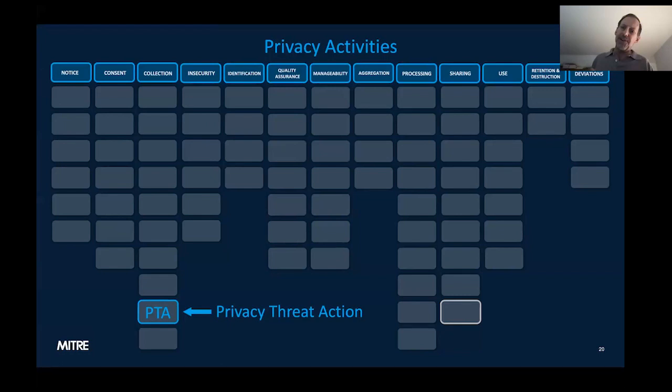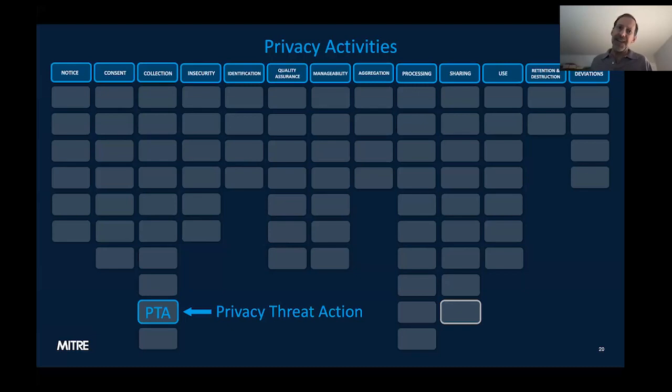Also making up the privacy activities are various stages of the information life cycle. So you can see collection there and processing and so on and so forth. And with respect to FIPS, you can see there's notice, consent, and so on and so forth again. And then finally, there's some odds and ends here that we felt that we needed to have.